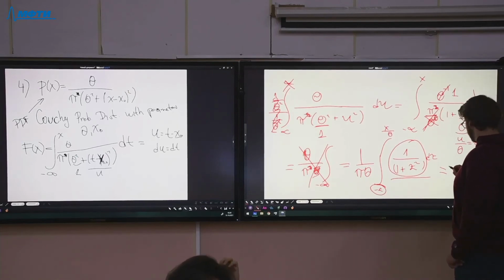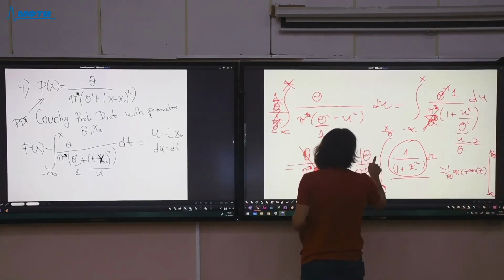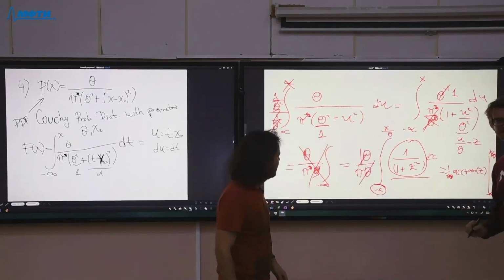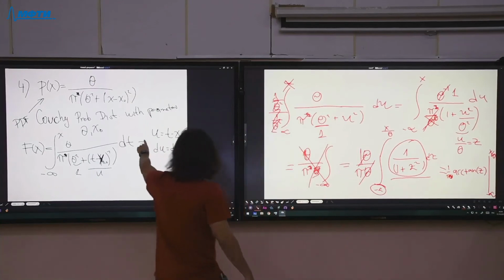By the way, we would have another theta, right? Yeah, we just changed it. No, we changed it. We had x and then we changed it by u.